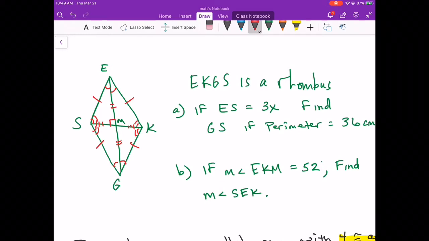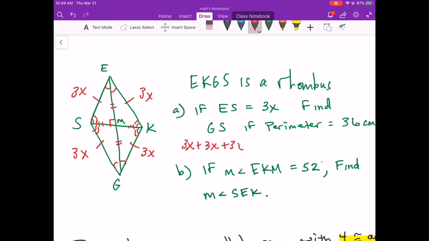All right, so if ES equals 3x, so ES is this side over here, they're telling me that that's 3x. Well, that automatically means that every single side is 3x. And then they want me to find what GS is, this side over here, if I knew what the perimeter was. The perimeter is the distance around the object. So if all the sides added together were 36, that would be 3x plus 3x plus 3x plus 3x, some of you could even write that as 4 times 3x, is all equal to 36.